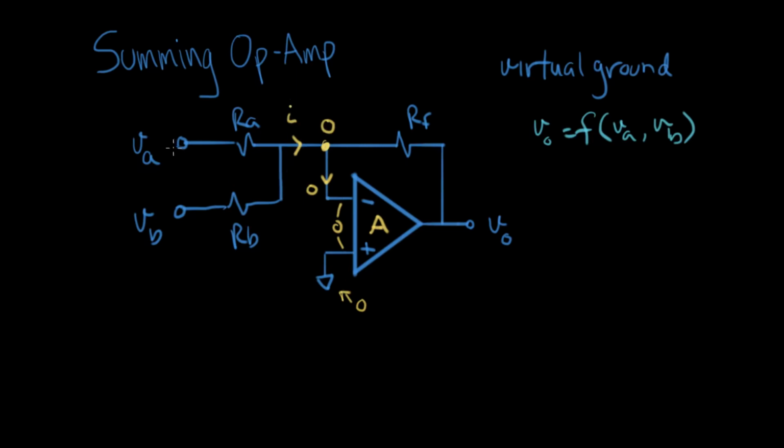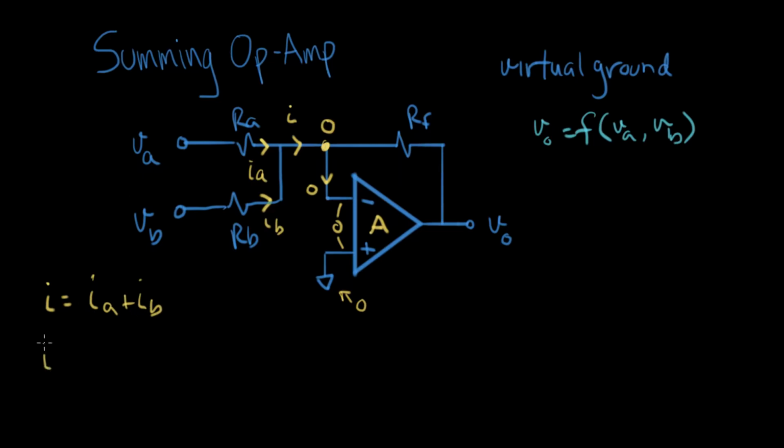We can express I in terms of VA and VB and these two resistor values. So I equals IA plus IB, where IA flows here and IB flows here. Let me write IA and IB in terms of Ohm's law.